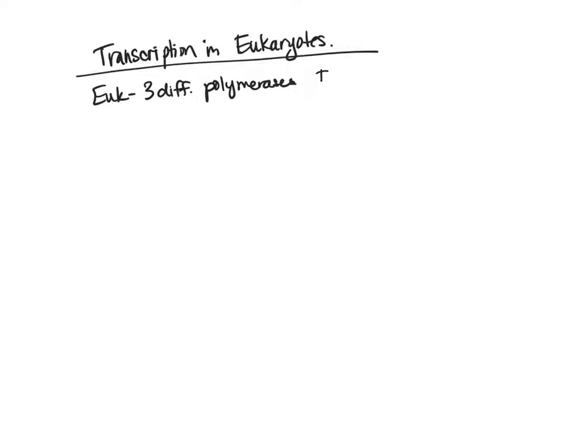We have polymerase 1, we have 2, and we have polymerase 3. So these are RNA polymerases. So RNA polymerase 1, RNA polymerase 2, RNA polymerase 3. Whereas, as we mentioned in bacteria, we'll say prokaryotes, we have just RNA polymerase. And then, of course, that includes those 6 subunits, however.